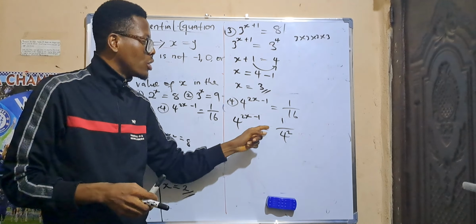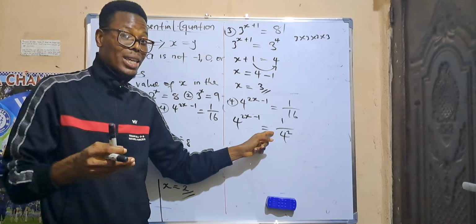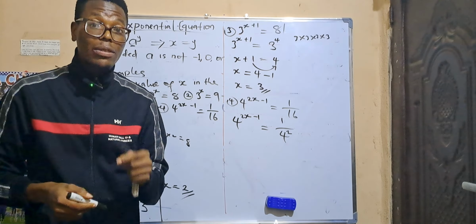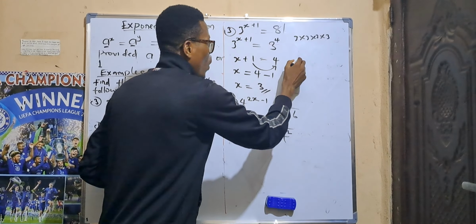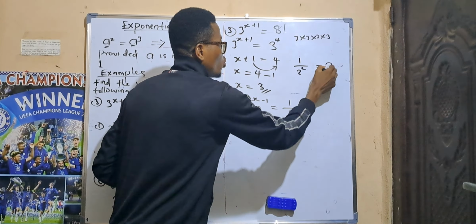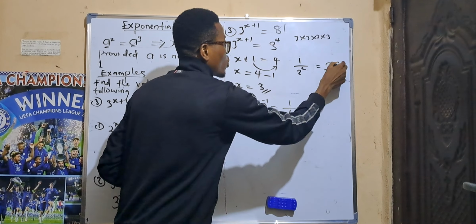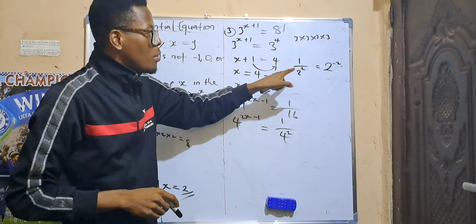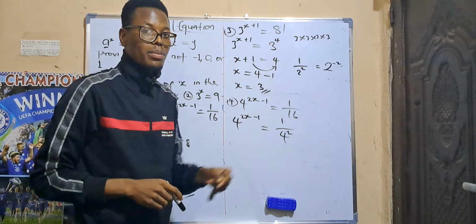So we are going to change this to a negative index. Remember, in our laws of indices, we talk about the negative index. Whenever we have 1 over 2 raised to the power of 2, this is the same thing as 2 raised to the power of minus 2, right? So our 1 here makes it a negative.